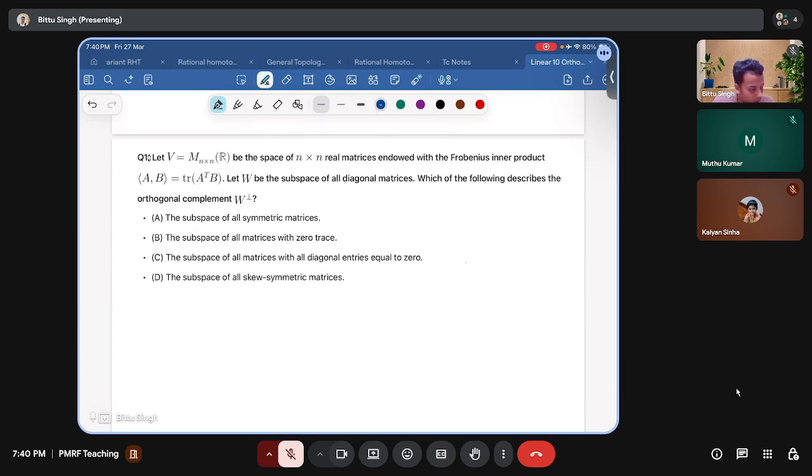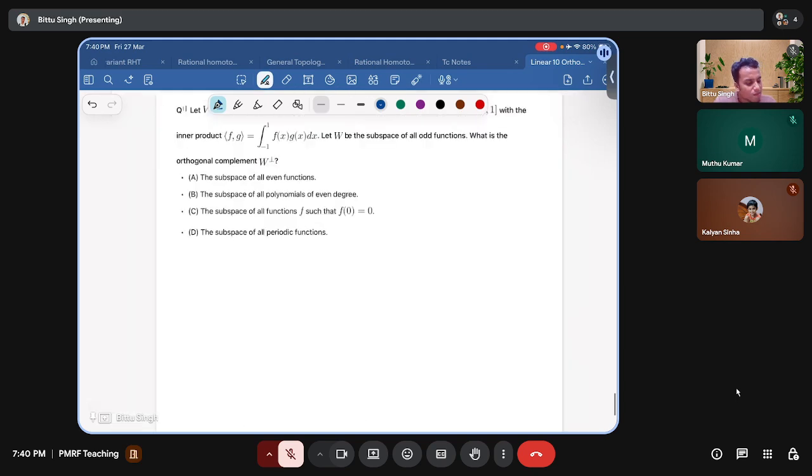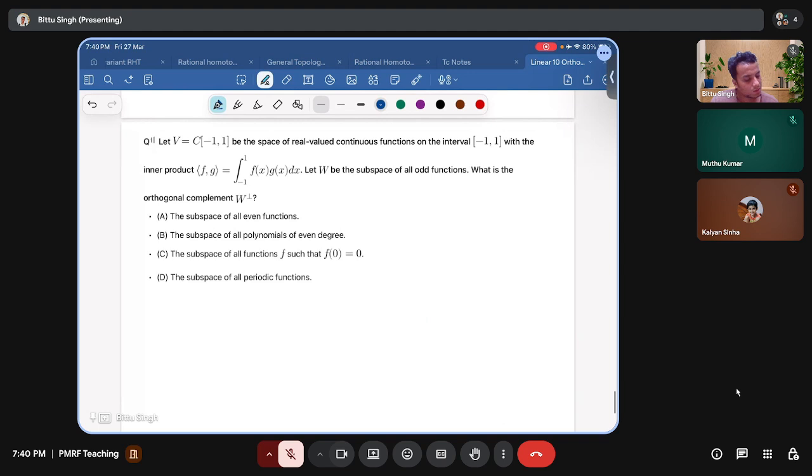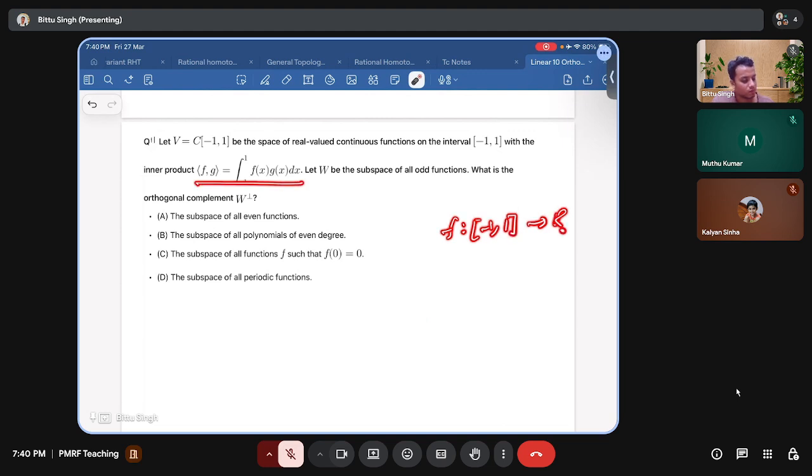Okay, this problem you can try. Let me solve the last problem. Here we are considering continuous functions on the interval minus 1 to 1 to R, and the inner product is the standard, the usual inner product.